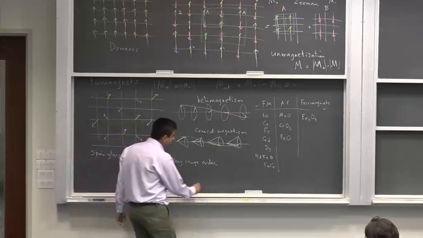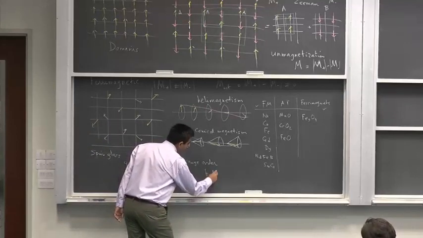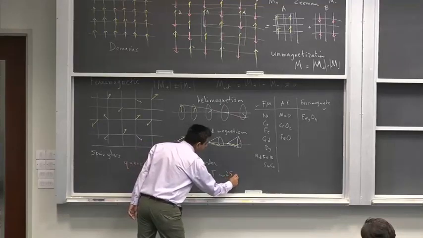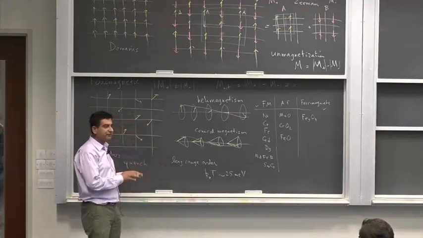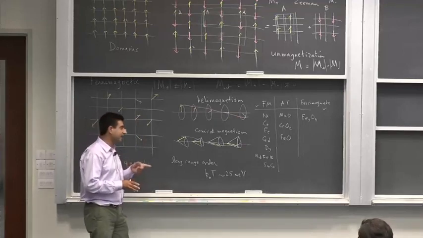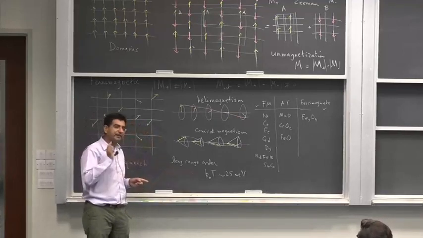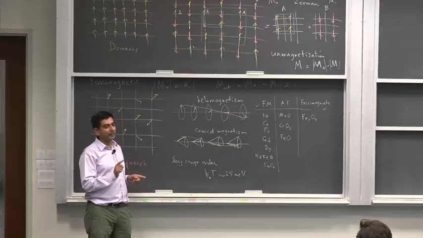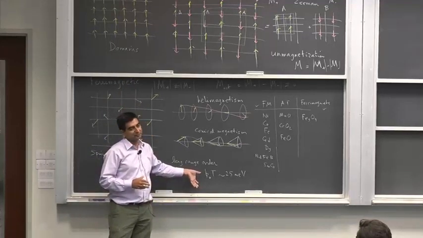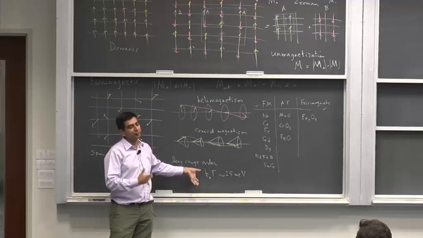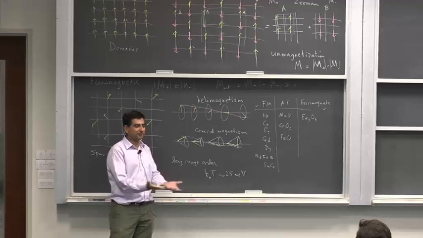The thermal energy at room temperature is about 25 milli-electron volt. So we must have an energy advantage in forming ferromagnetically ordered states at this temperature, which means that the energies associated with this kind of ordering must be at least of this magnitude if you would like to see room temperature order. And of course we have room temperature ferromagnets.